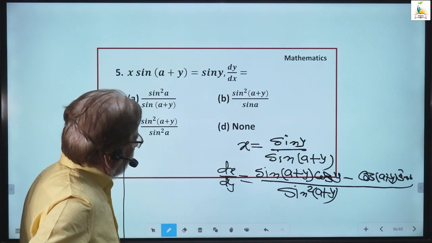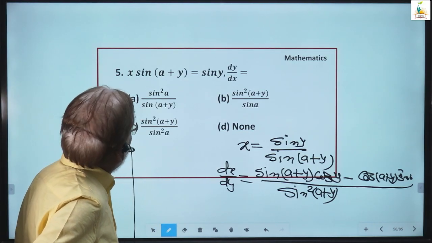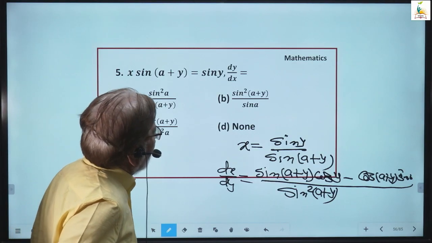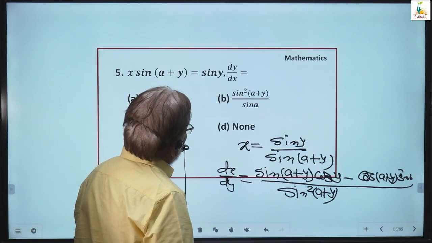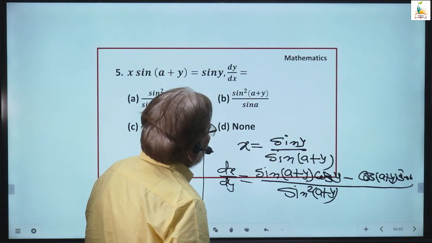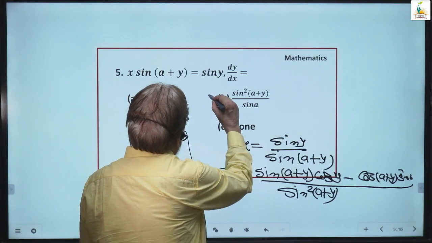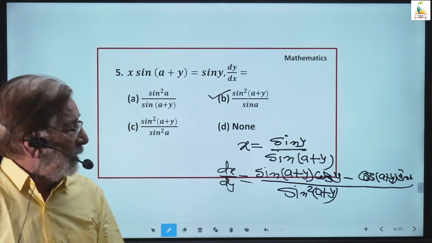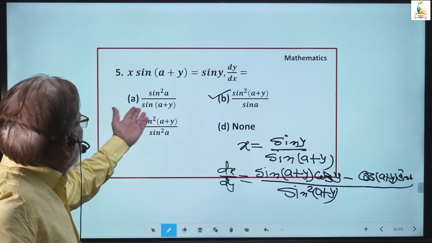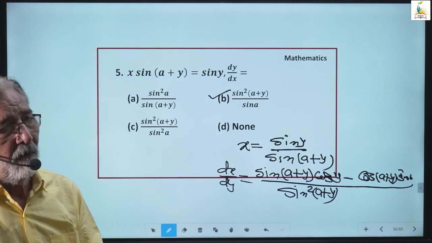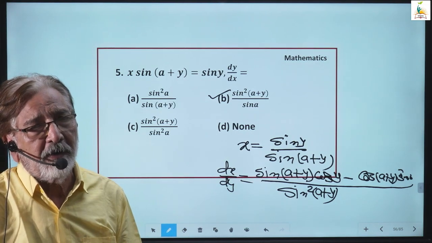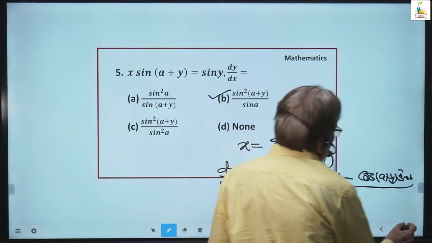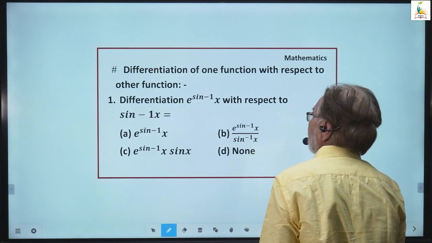And if you reverse the result, then the answer will be sin square(a plus y) upon sin a. This is an important question. So whenever x and y appear in such terms, first you find out dx upon dy and then convert it. This will give you the result.